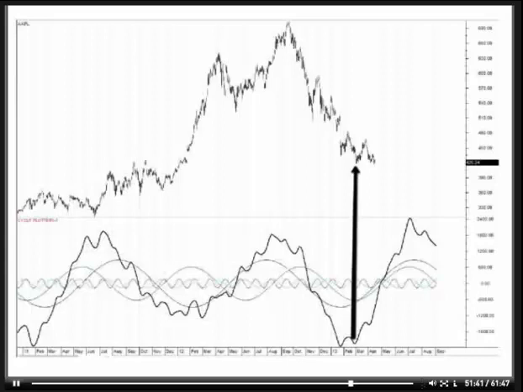Does cycle analysis work better in certain securities? I've found that cycle analysis has pretty strong forecasts in foreign exchange markets and in indexes.